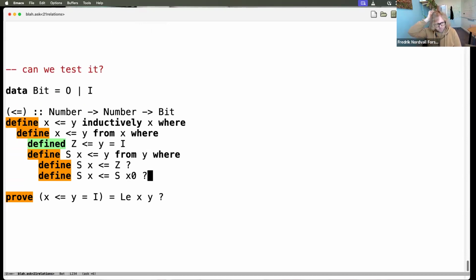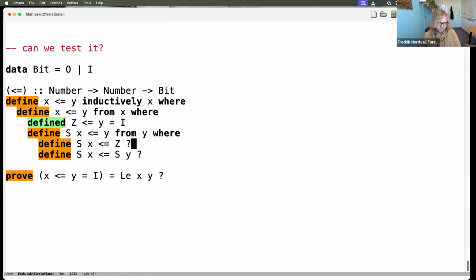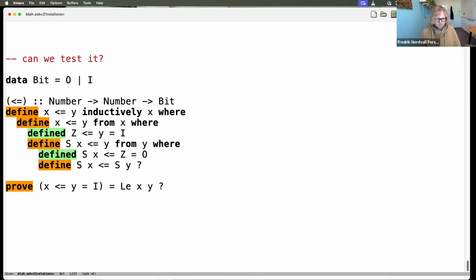All right. So if the thing on the right is 0 and the thing on the left is a successor, then it's definitely false. And if we know that both things are successors, then we peel a spud off each side and we know we're balanced out. So that's testing X less than or equal to Y.